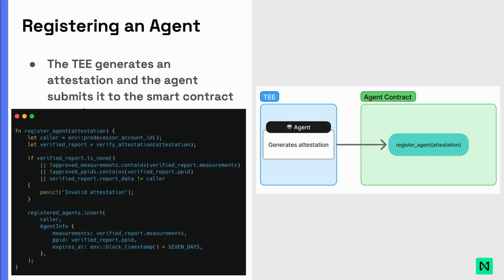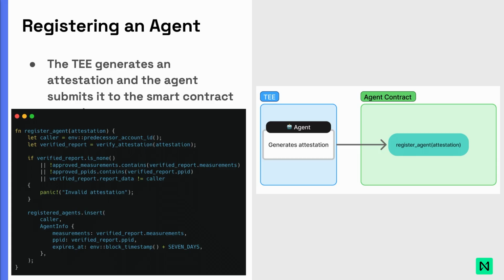And to register an agent, the TEE will generate a cryptographic attestation and then submit that to the agent contract. And there's a method in the contract called register agent that verifies the attestation. It says, is this a legit TEE? Is it running on actual TEE hardware? Then it will check, does the attestation contain the measurements that the contract expects it to contain? Does it check the PPID?